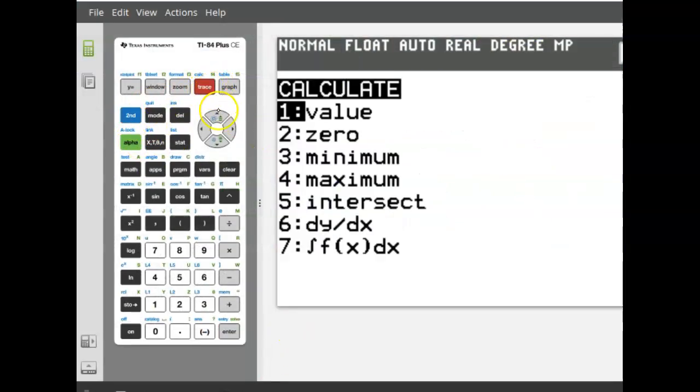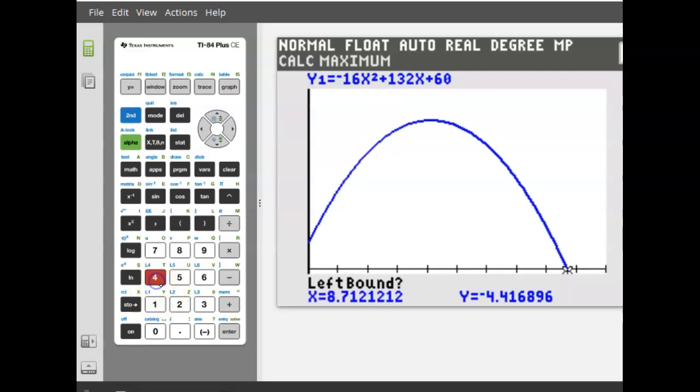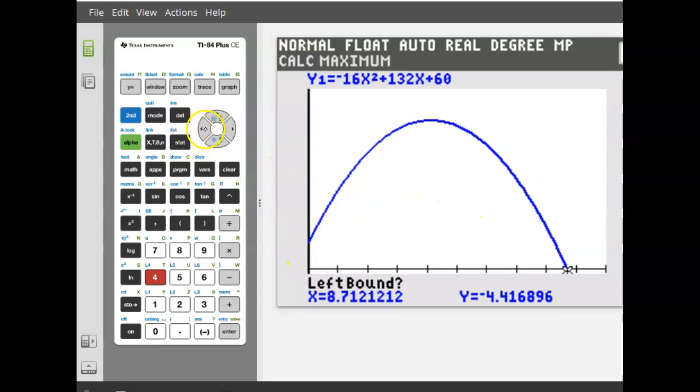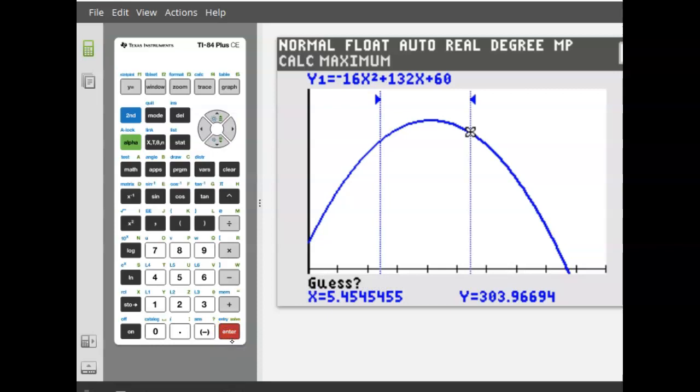So it's second trace, number 4 for maximum. It's in this window, so it's got to be between 0 and 10, right? If you want to scroll around, you have to be to the left of it. The calculator will find a maximum anywhere because it just tries values, and when it finds the biggest one, it's done. So you need to be very clear that you're to the left and right, and you want the maximum in between those. Did anyone else get this?